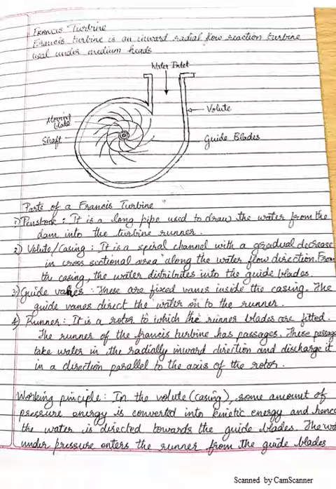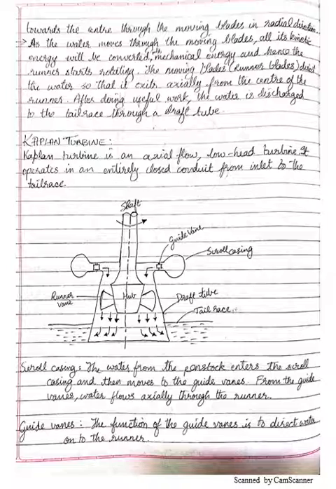The working principle I've already explained, so it's just the details of the same thing. The pressure energy is converted to kinetic energy, and hence the water is directed towards the guide blades. The water under pressure enters the runner from the guide blades and is directed through the moving blades in the radial direction.